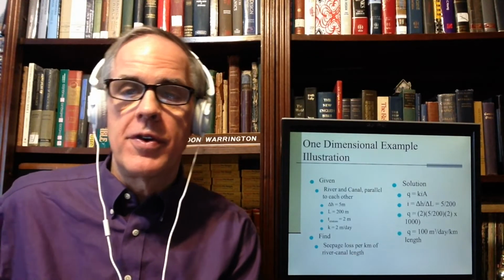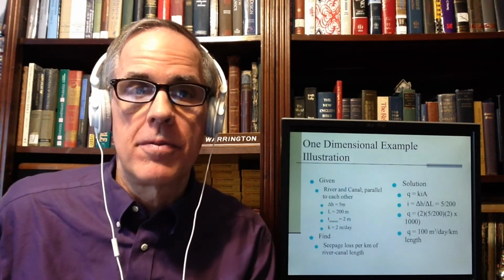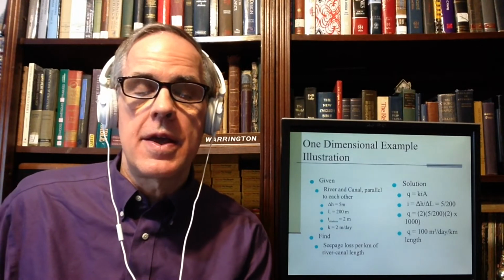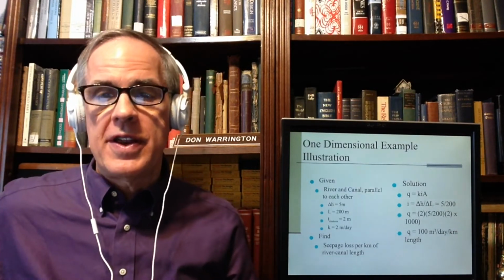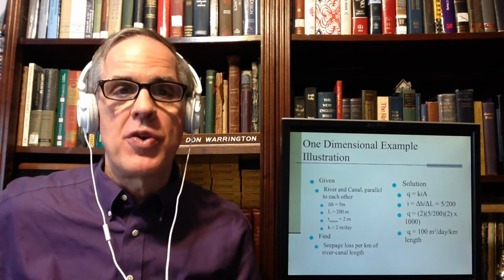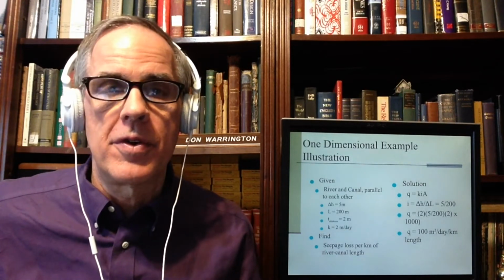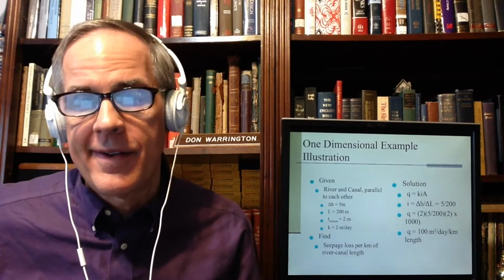So let's just take a river and canal, which are parallel to each other. The delta H, which is the difference in physical height between the two, is 5 meters. In other words, either the river is 5 meters above the canal, or the canal is 5 above the river. We don't say.